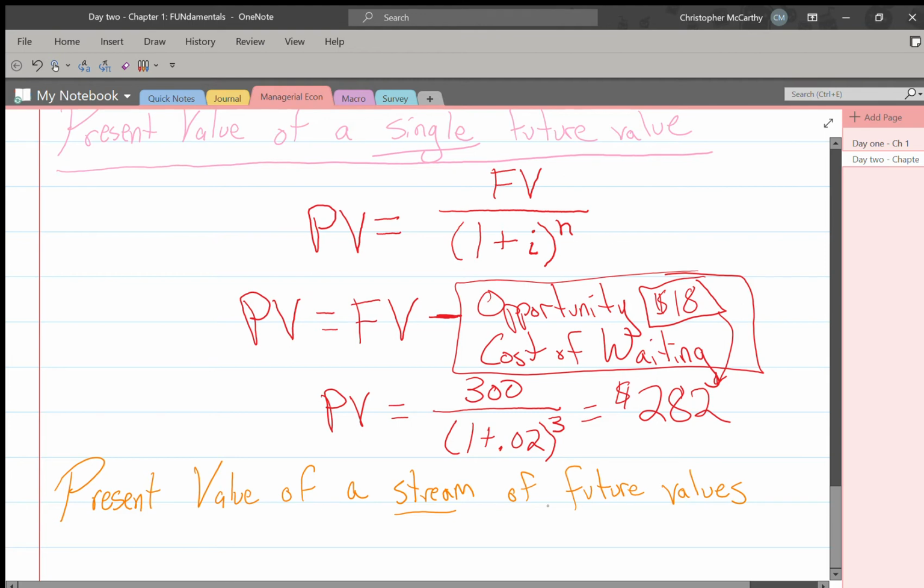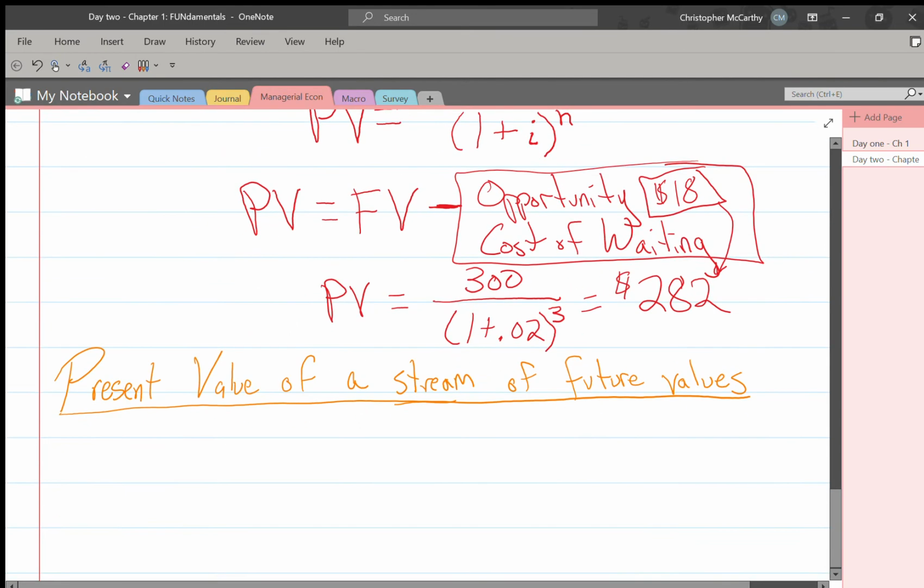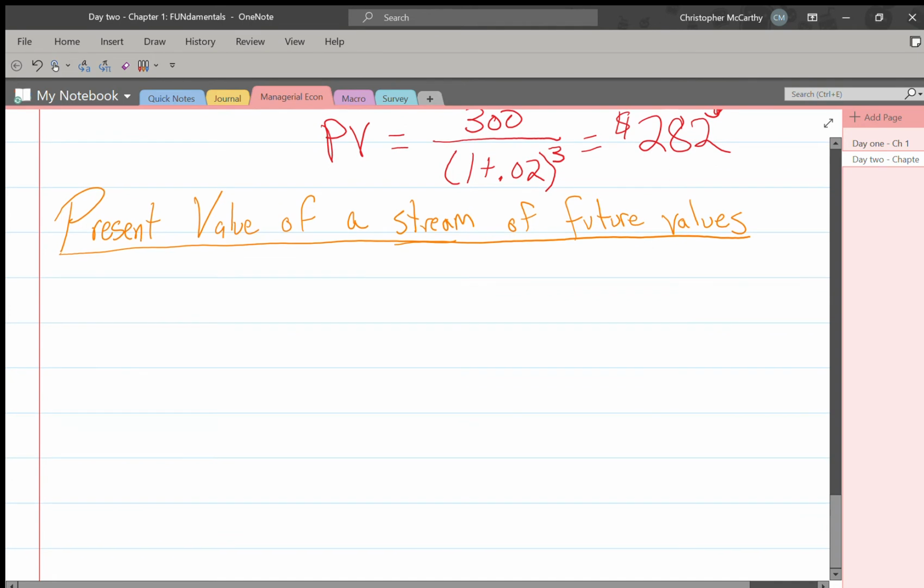So this one, we've got a similar equation. So we're going to assume right now that we're just going to have 3 streams, okay? And then after we do an example, then we'll talk about the more general case if there's more than 3. But just to keep it simple, we're just going to do 3 streams, 3 future values.